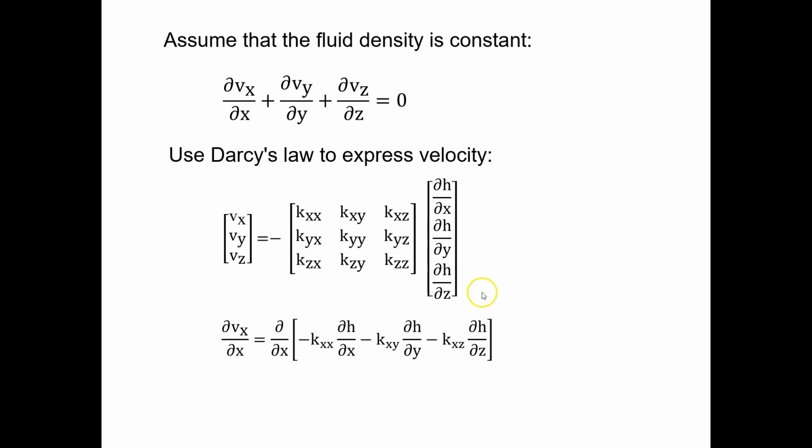So essentially, let me draw this here. This expression right here is basically Vx. And so what we're doing is substituting that into this part of the equation, and so we have to take the derivative of that.